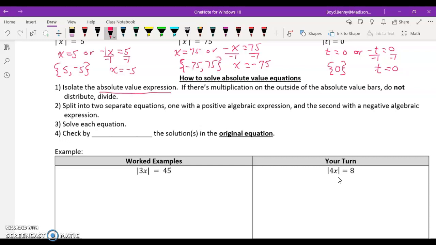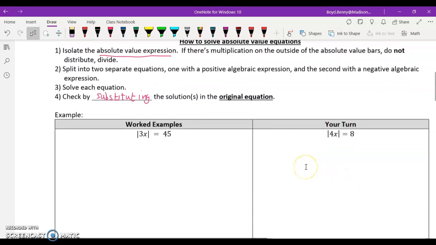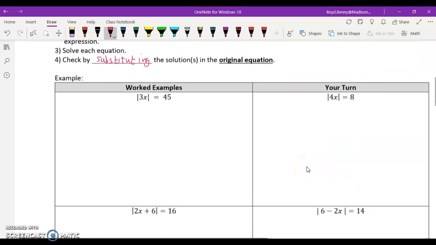Check by substituting the solutions into the original equation and see if it makes it true. Remember, solutions make an equation true.